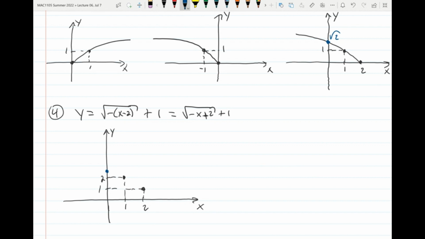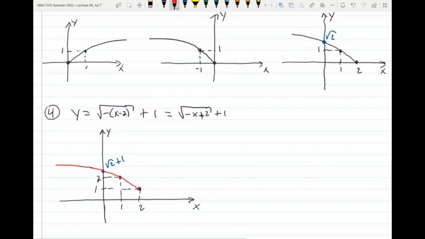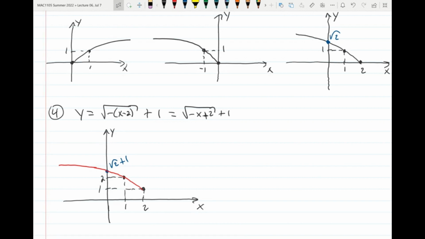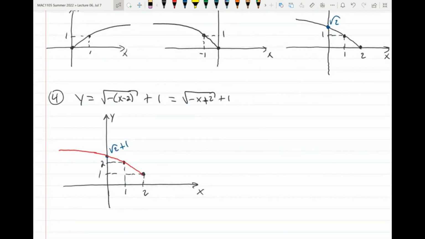I think square root of 2 is 1.41. So about 2.41. So that's square root of 2 plus 1. Good. And then we sketch. This time we don't need to worry about any x-intercept because there's no x-intercept, so we're good to go. All right, questions?